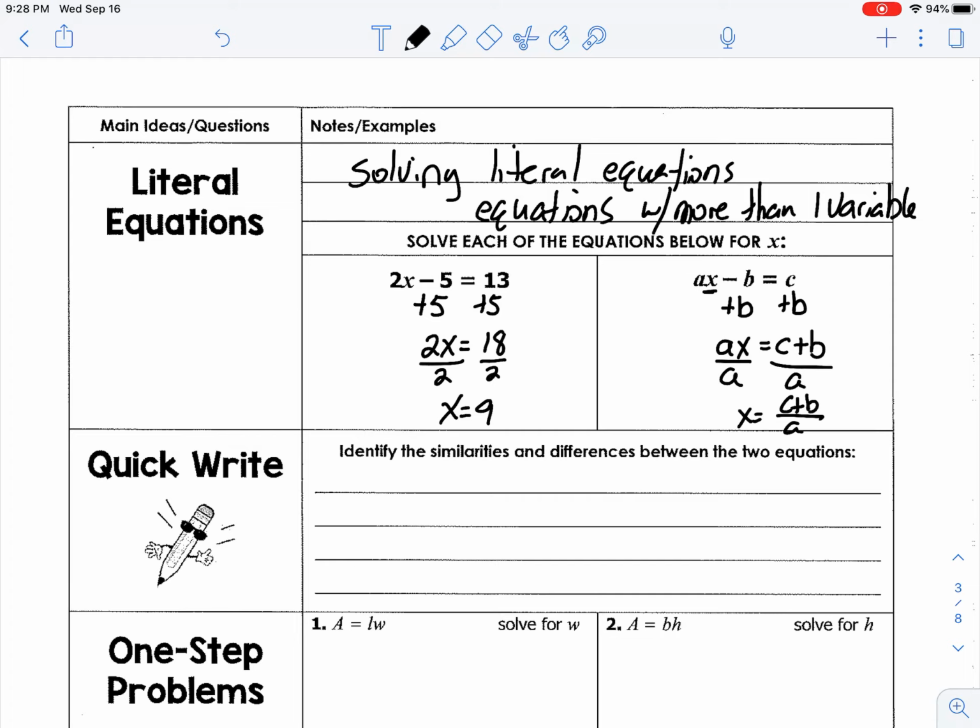So similarities and differences. Similarities. Here we added 5, but here we added b. Here we divided by 2, and here we divided by a. So we are still using opposite operations to solve.